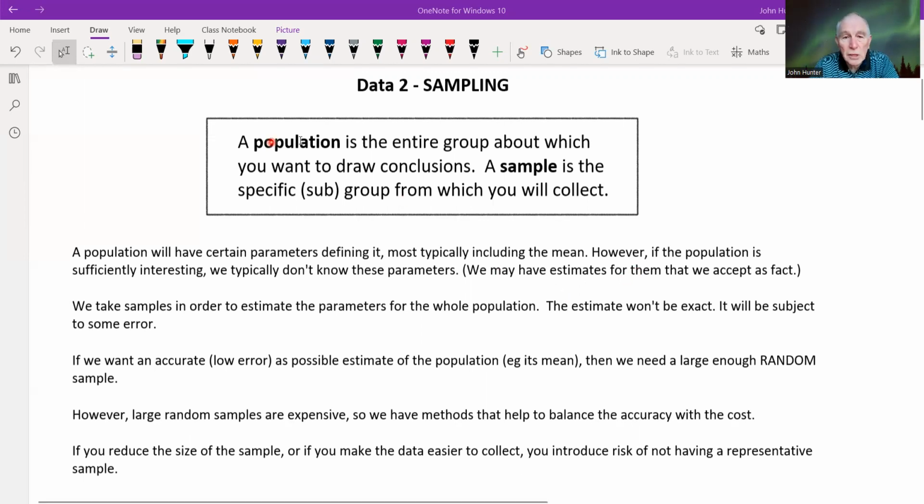A population is the entire group about which you want to draw conclusions, and a sample is the subgroup from which you will collect that data.